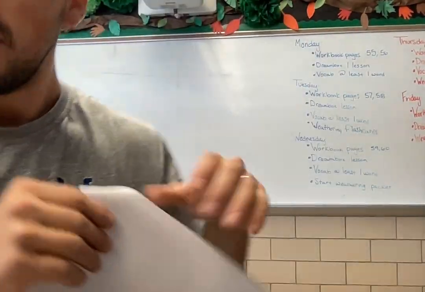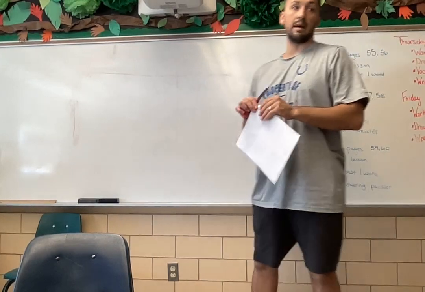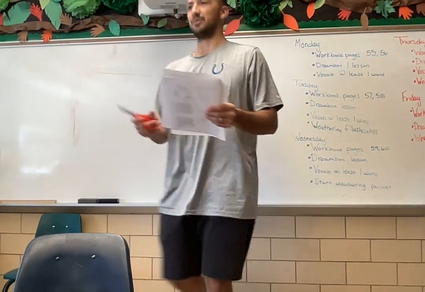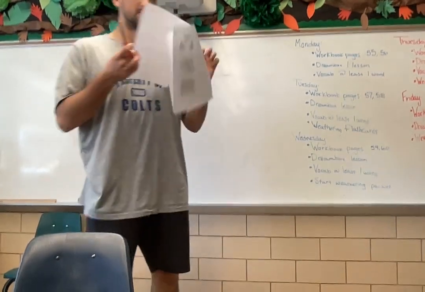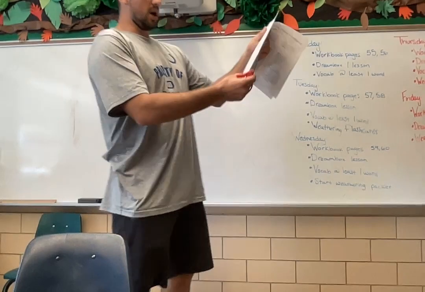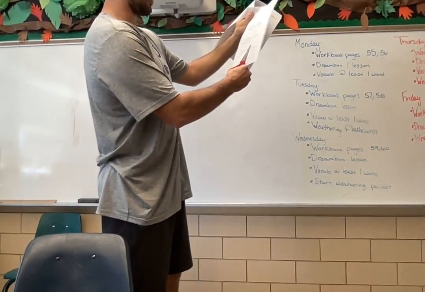All right. So guys, this is what we are going to do on this page. I did not pause it, so I'm giving instructions to everybody still. All right, so here we go. So along these dotted lines, guys, you're going to cut them, all right?